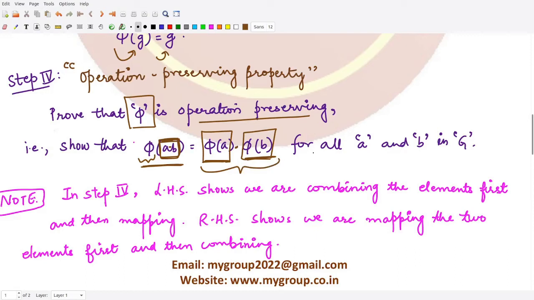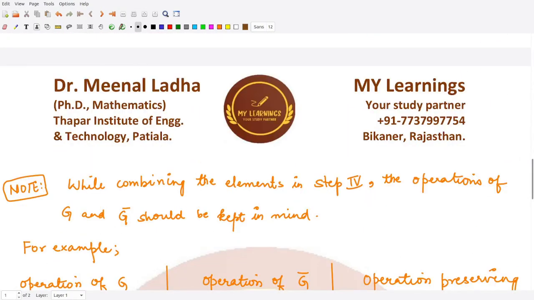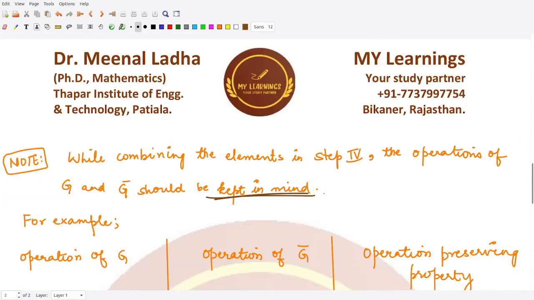So what are the ways if we have different group operations in G and the group G bar? Let's see. While combining the elements in step 4, the operations should be kept in mind. Suppose we have an operation of multiplication and an operation of addition.